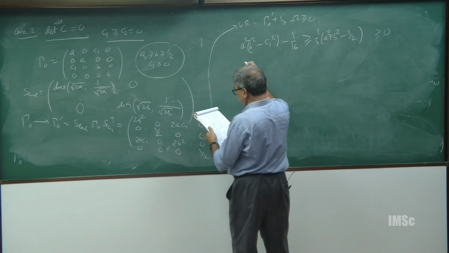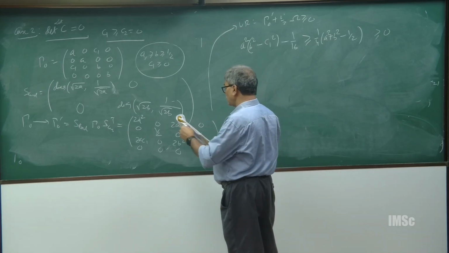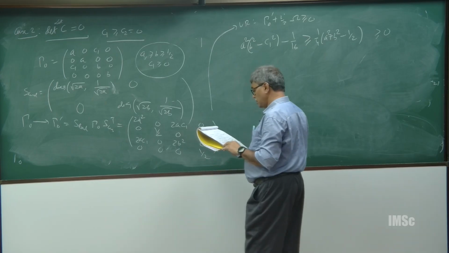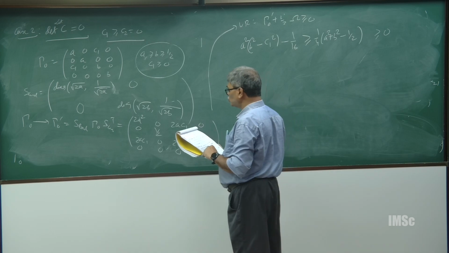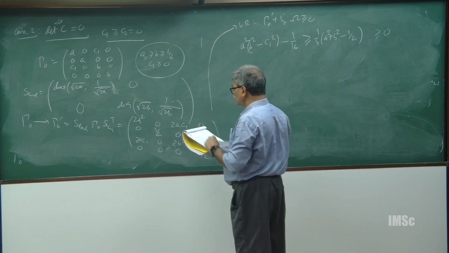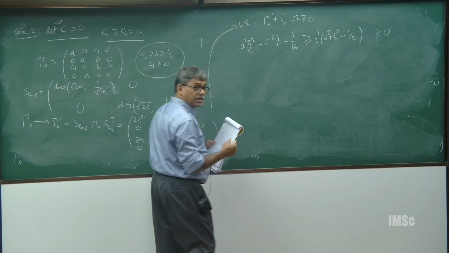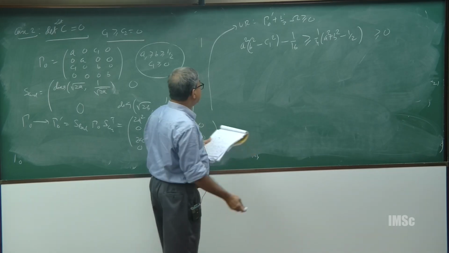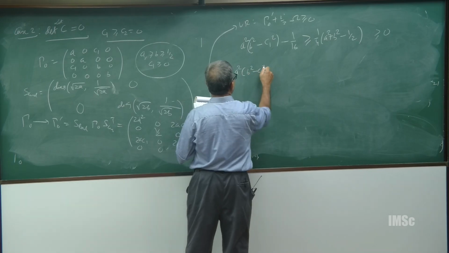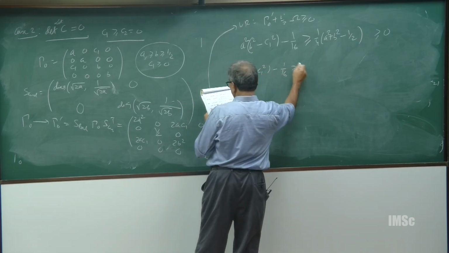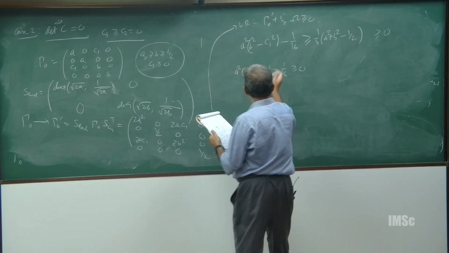And this will imply that these... okay. So, this is fine. Now, what you can prove is that this condition A square B square minus C1 square minus 1 by 16 greater than equal to 0, okay, not this one, in fact this condition, sorry.